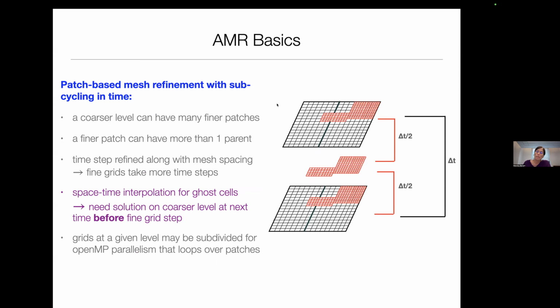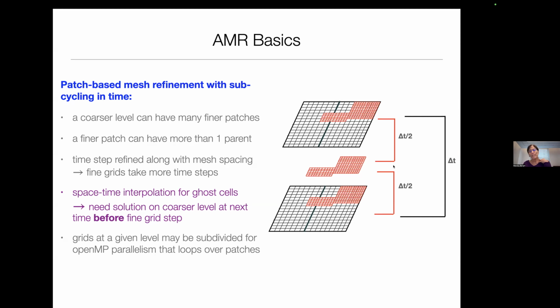So here, for example, we have a coarse grid, which is divided in two for parallelization, so that each one is farmed out to an OpenMP core. Now here we have two fine grids, and you'll notice that this grid spans two coarser grids at the coarser level, no problem.